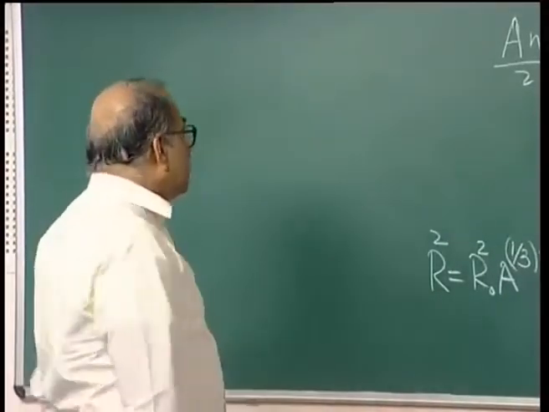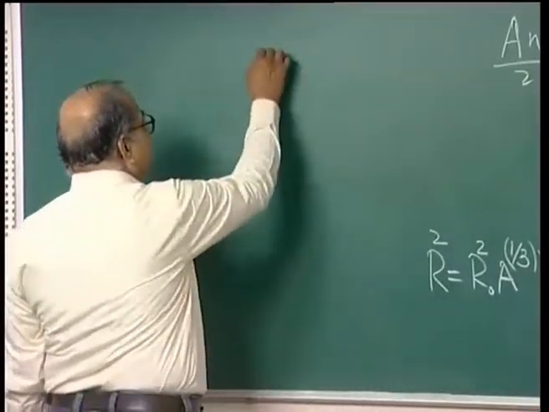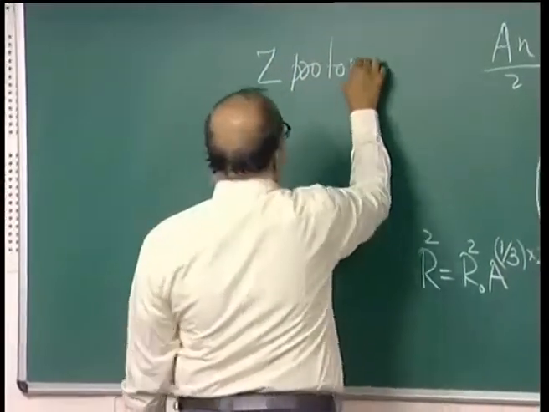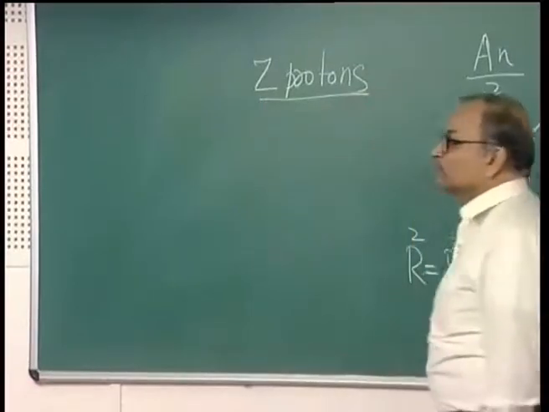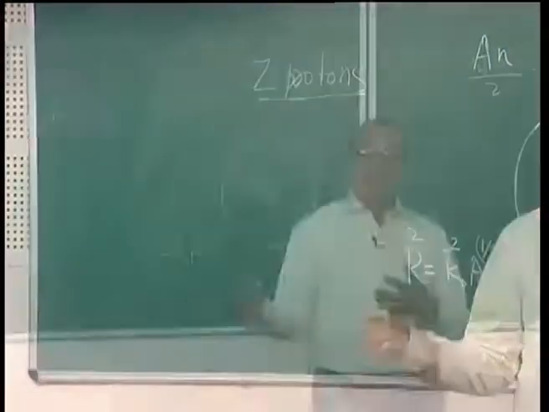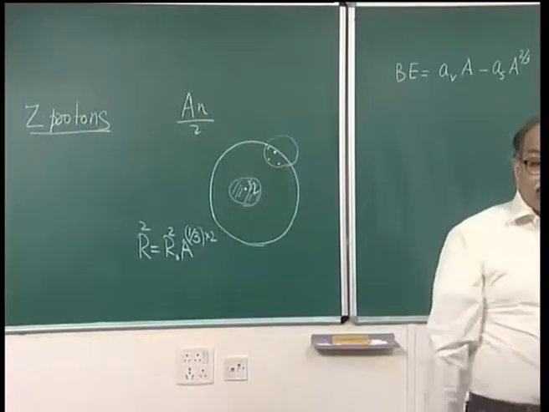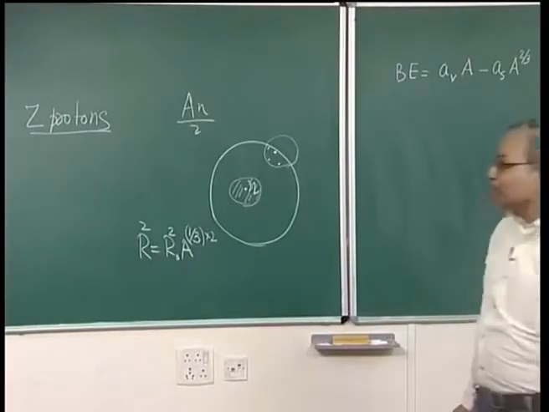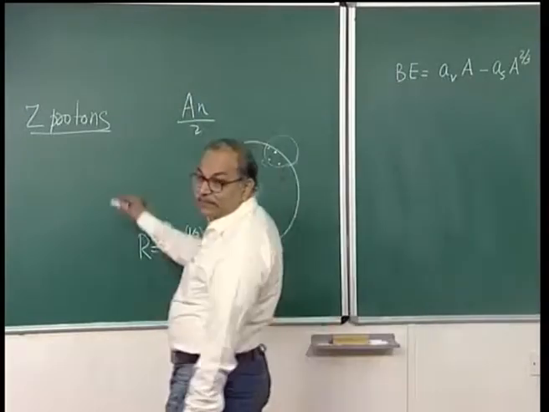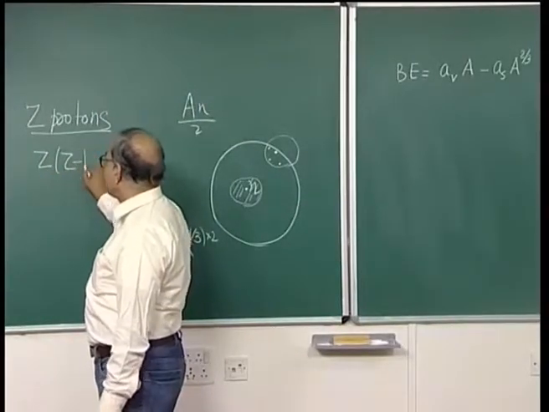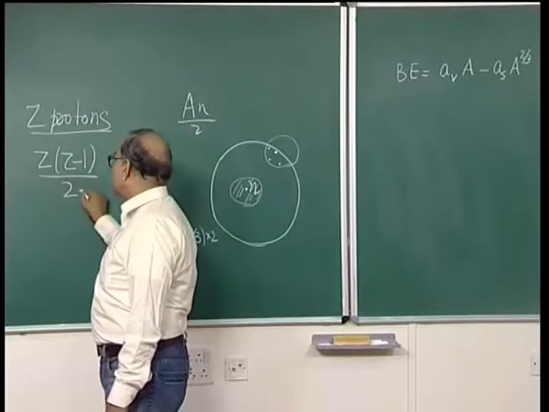If in the nucleus you have Z protons, how many pairs can be formed from these Z protons? That will be Z into Z minus 1 by 2 pairs.